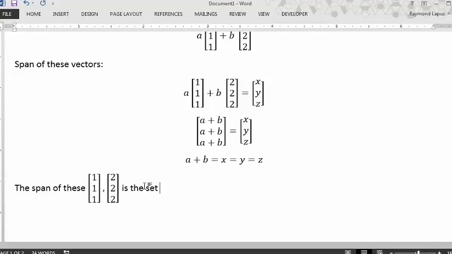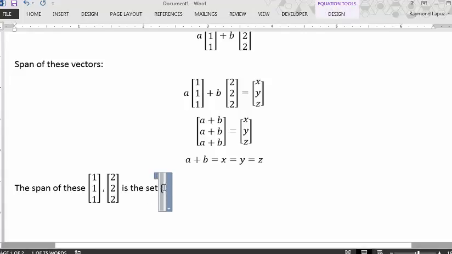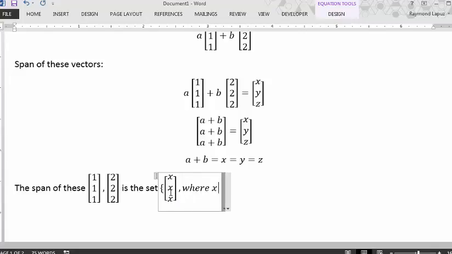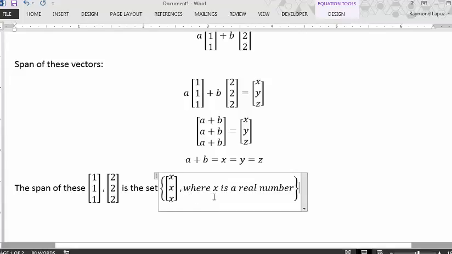We can write it as a set now. We can say the set looks like x, y, z. Well, instead of writing x, y, z, maybe we can write it as x, x, x, since it's all the same, where x is a real number. So that's a span.